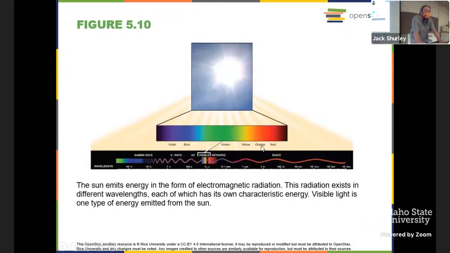So the visible spectrum that we can see right here is just a very small fraction of the electromagnetic spectrum, so the full amount of energy, all right? So over here you can see very long wavelengths, right? Very low energy radio waves, right?